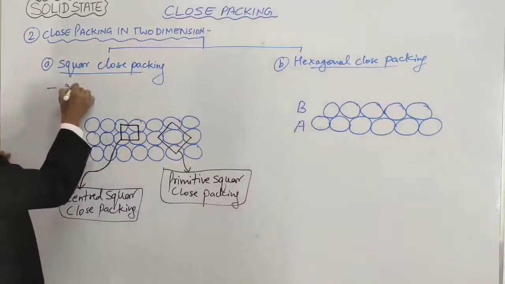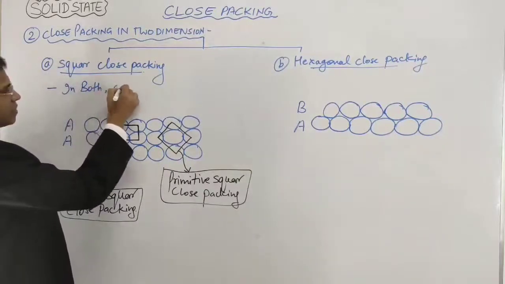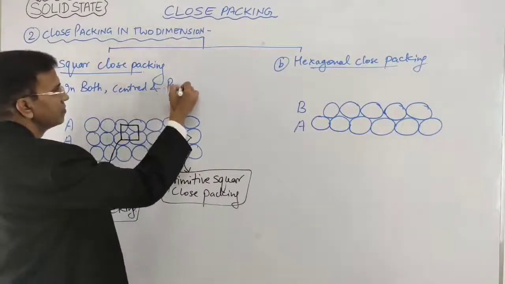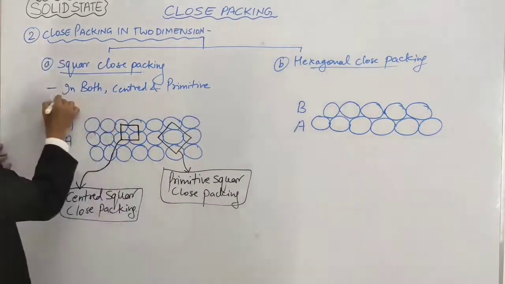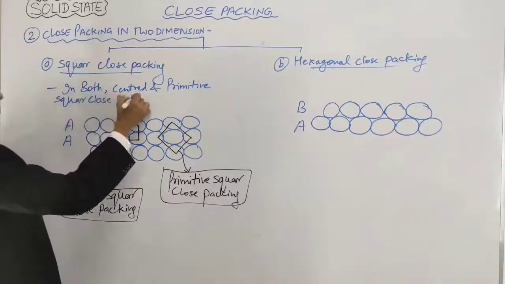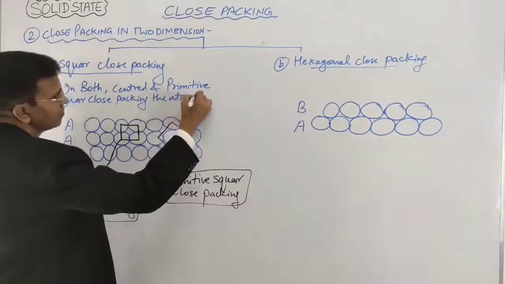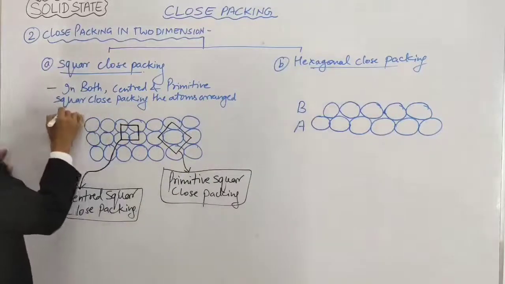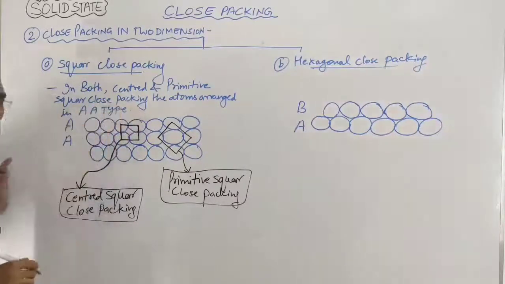In both centered and primitive square close packing, the atoms are arranged in A type, right?